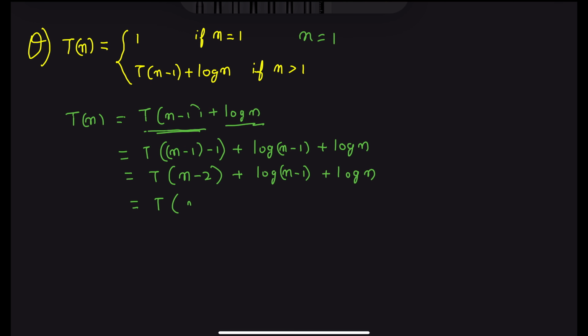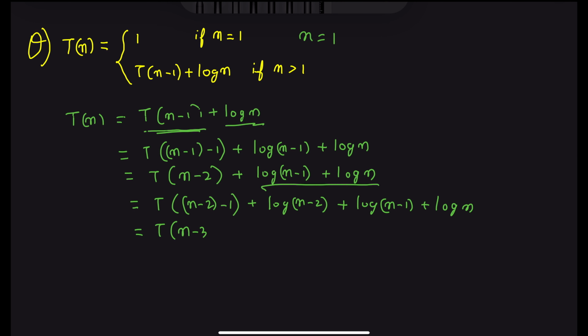So here we will get T(n-2-1) plus log(n-2), and the other two things will come as they are, plus log(n-1) plus log n. So here we will get T(n-3) plus log(n-2) plus log(n-1) plus log n.